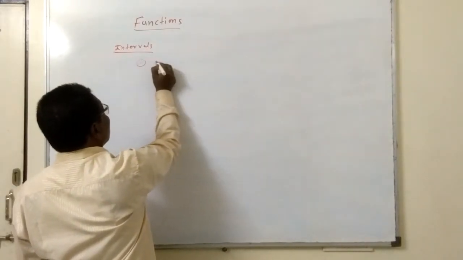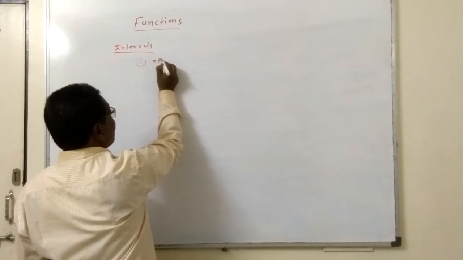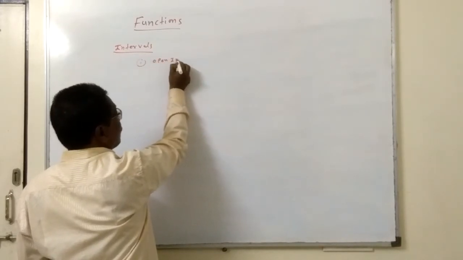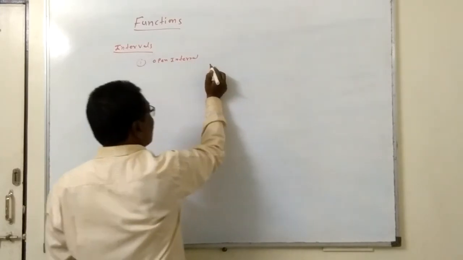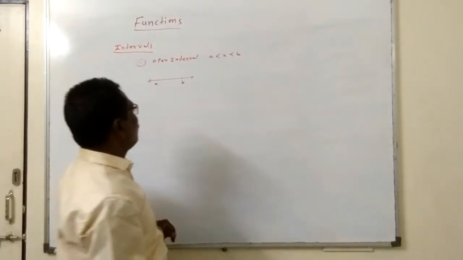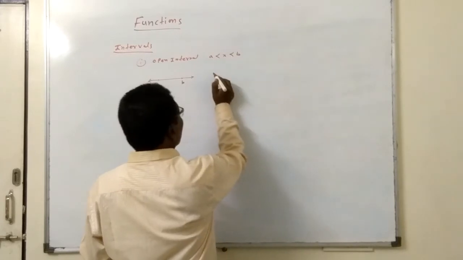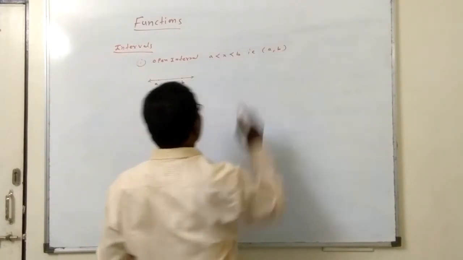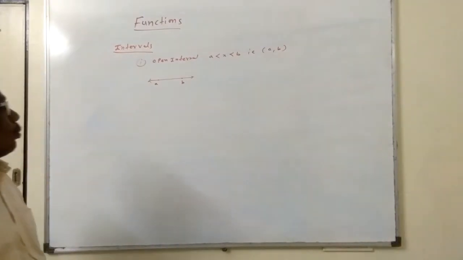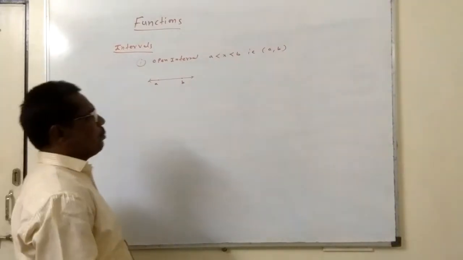First type, open interval. The value lies in the domain of (a, b). This is written as round bracket (a, b).